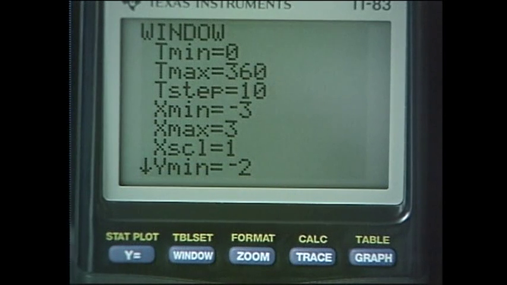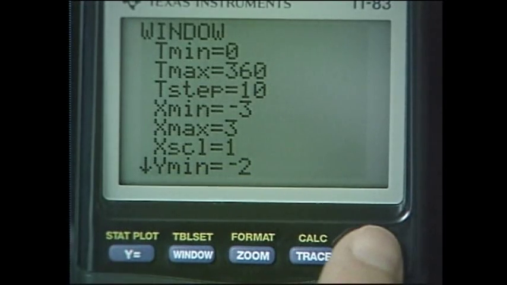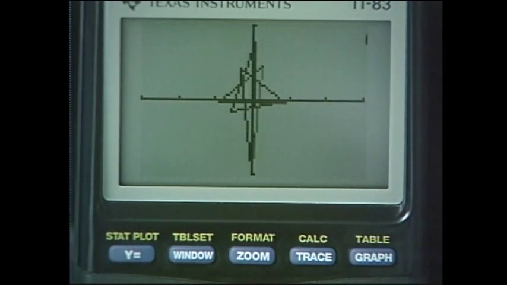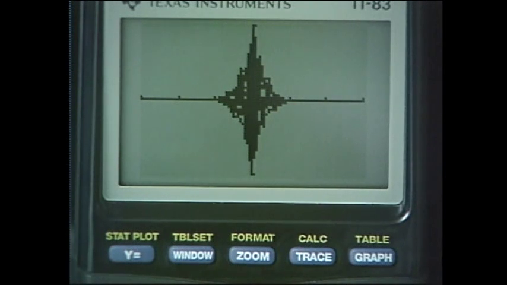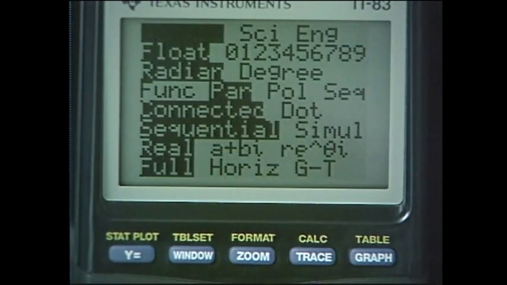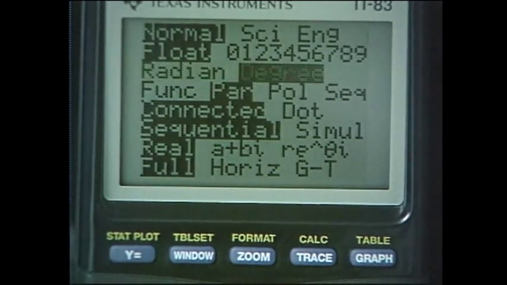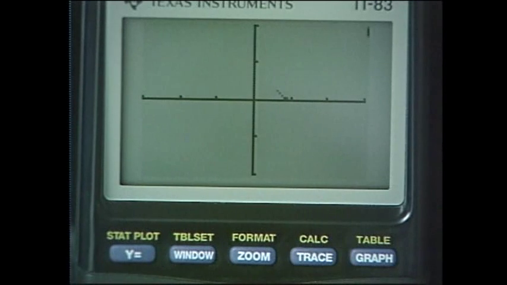Now, suppose I forget that I need to change the mode of the calculator for this purpose? Well, I'll know right quick as soon as I press graph, because the graph will seem to make an appearance and have a mind all its own. And once it's finished with all these shenanigans, I will be reminded that I needed to go to mode and go down here to radian and then cursor to the right for degree, press enter, and now I'm ready to graph this.